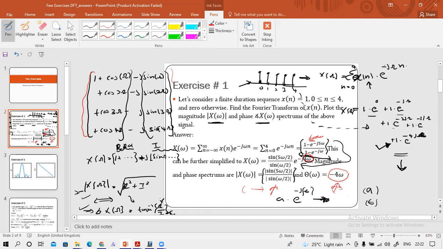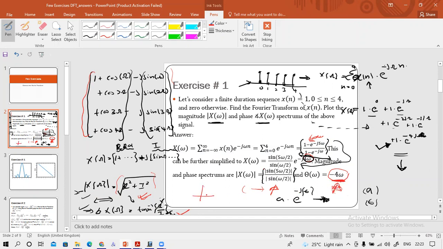We have simplified the magnitude spectrum and phase spectrum, and we have found some answer. Using MATLAB, it is sometimes easy to plot, and here the phase plot is easy.